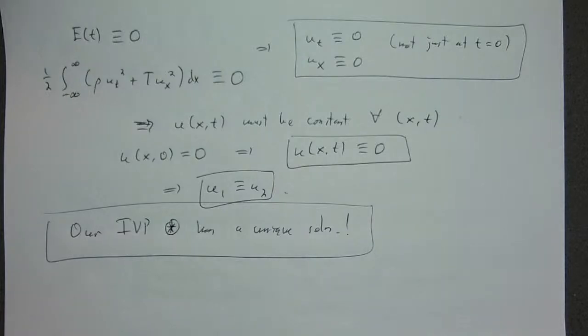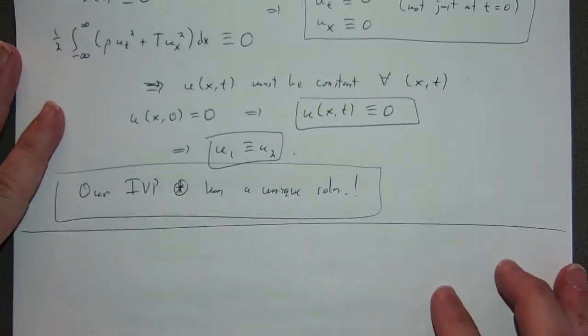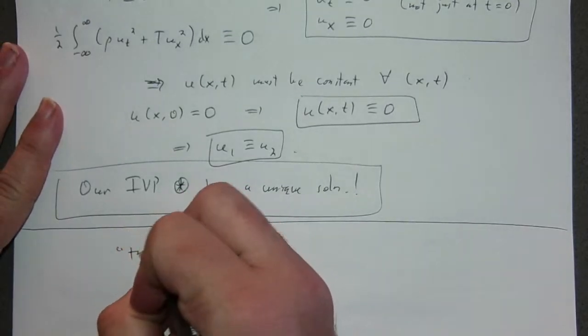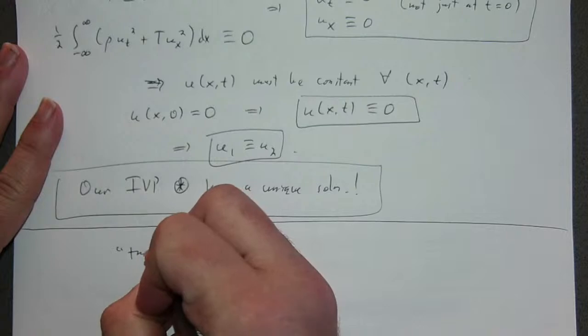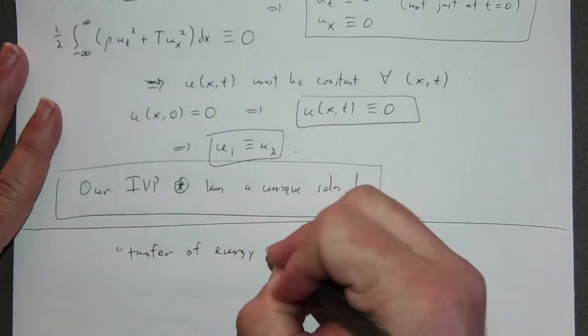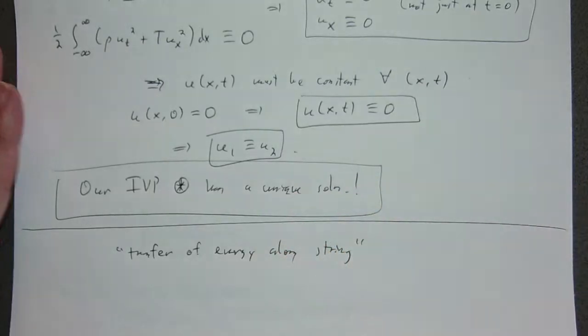Okay. So previously I had talked about the wave equation really modeling the transfer of energy along a string. I believe that's how I had worded it. So what is it that's actually going on here?